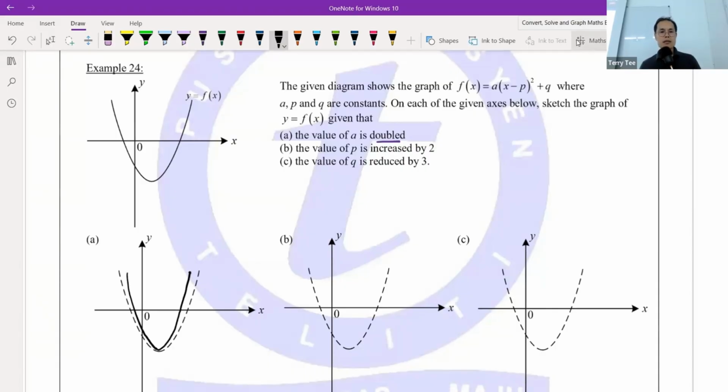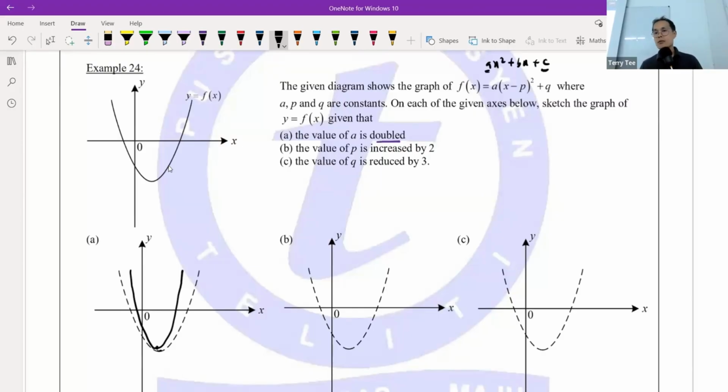As long as it is inside. I'm going to draw twice, one on the left, one on the right. The y-intercept would change actually. Unlike the quadratic equation general form, in general form your y-intercept doesn't change when you change your a.